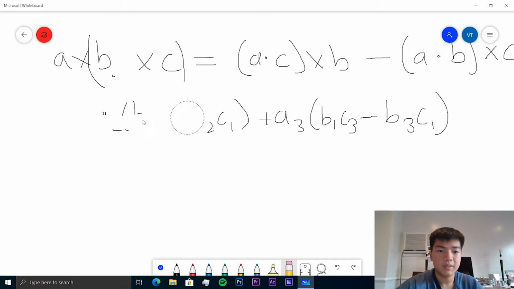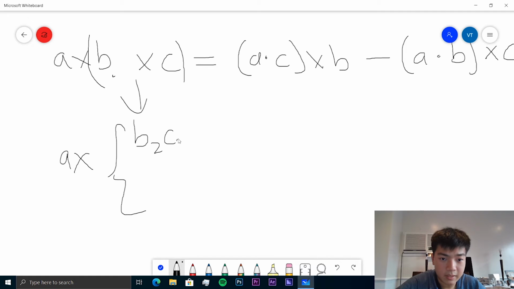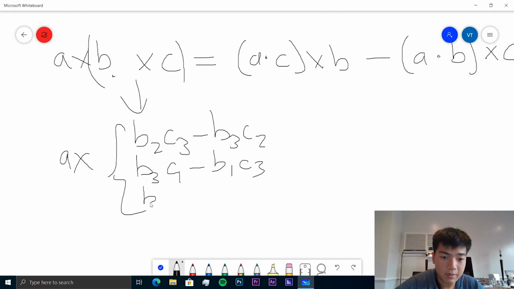Okay, wait. Let's write out this multiplication first. So this is A times B2C3 minus B3C2, B3C1 minus B1C3, and this is B1C2 minus B2C1.